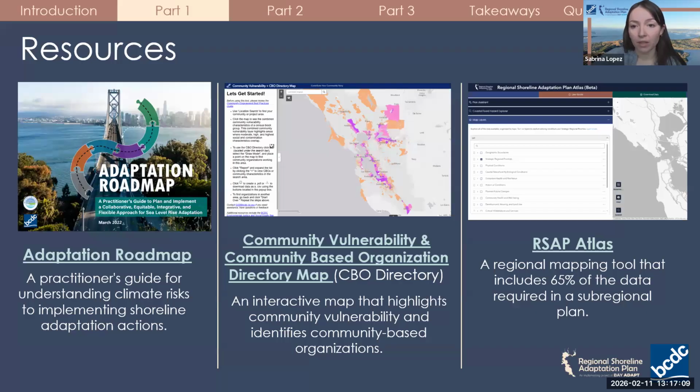The Community Vulnerability and Community-Based Organizations Directory Map, or CBO directory, is an interactive tool that highlights community vulnerabilities and identifies local organizations. The RSAP Atlas is a regional mapping tool that currently includes about 65% of the data needed for a subregional plan. We'll discuss these 2 resources in more detail in the upcoming sections as they relate to specific plan elements.